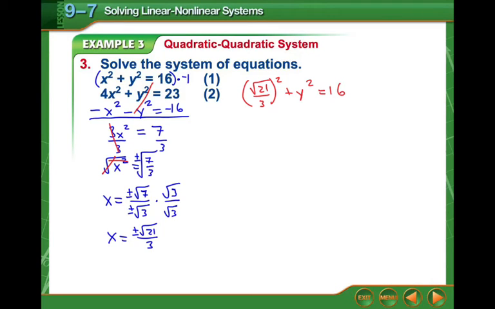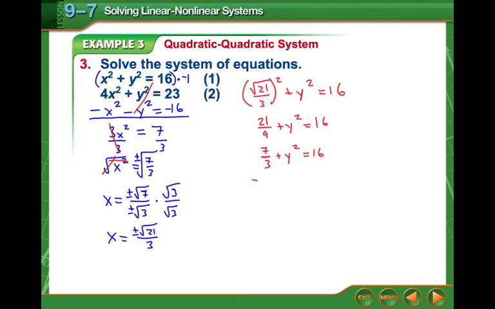So that squared is going to cancel the square root on the numerator, and square 3, that's 9. So it's 21 over 9 plus y squared equal to 16. We can simplify that. They're both divisible by 3, so it's 7 thirds plus y squared equal to 16.